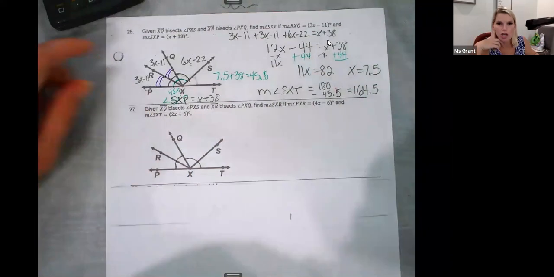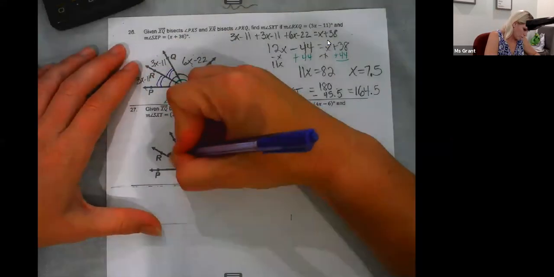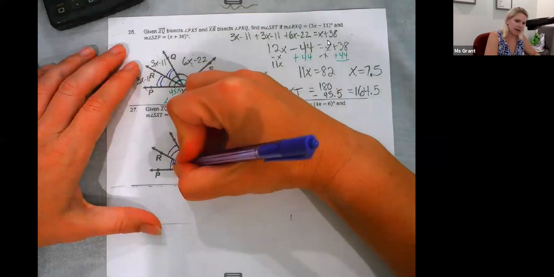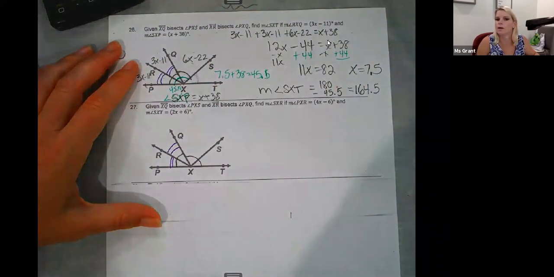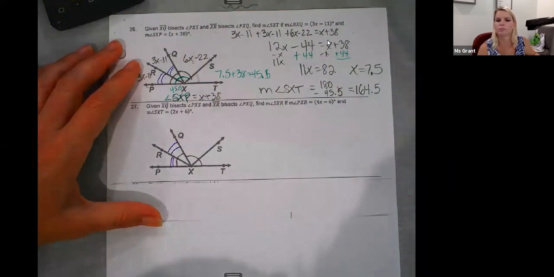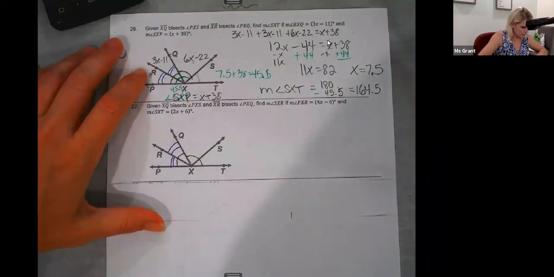And XR bisects PXQ. Same things as last time. Find SXR if PXR is 4x minus 6.